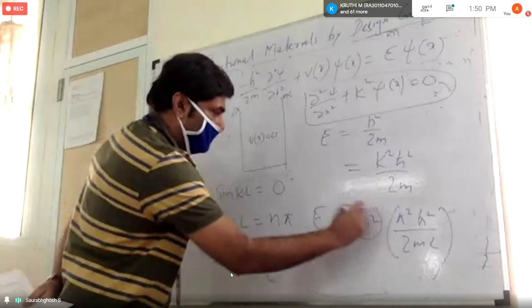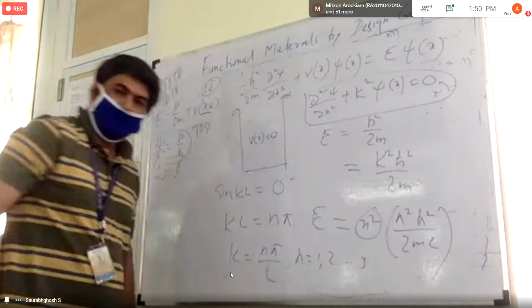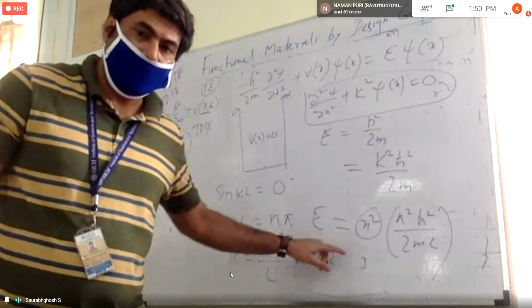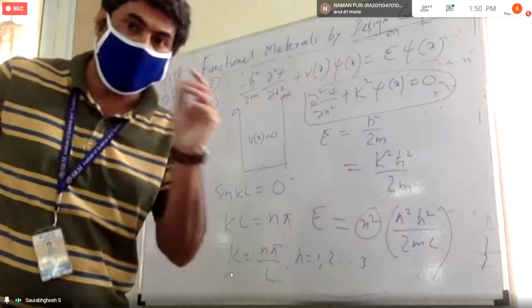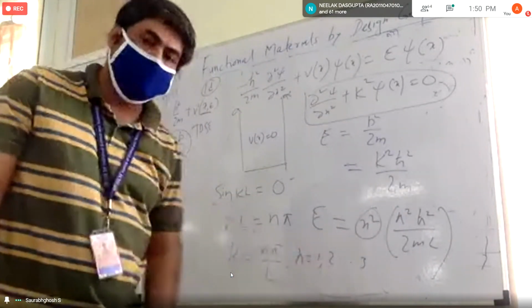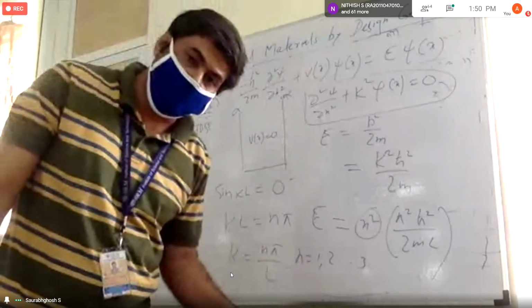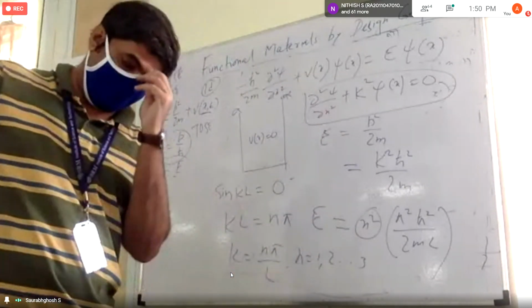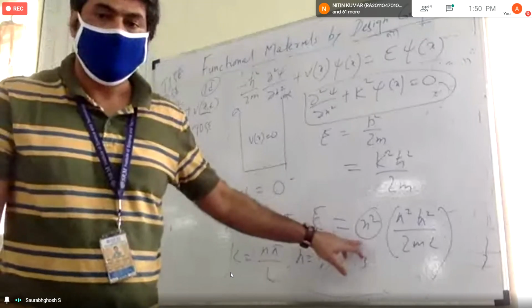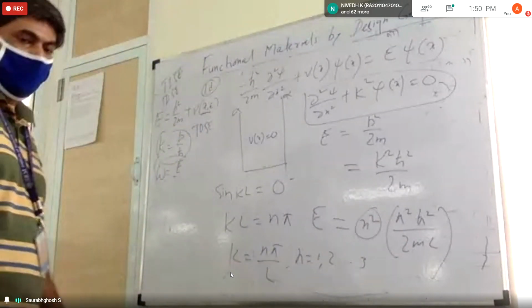Here n is an integer: 1, 2, 3. So you can understand this E can only have discrete energy levels, that is, energy is quantized. So by solving the Schrödinger equation, you can arrive at a point that E is quantized: E is equal to n square pi square h cut square by 2mL square.